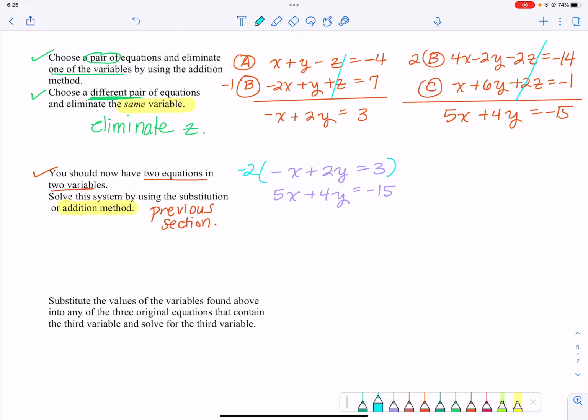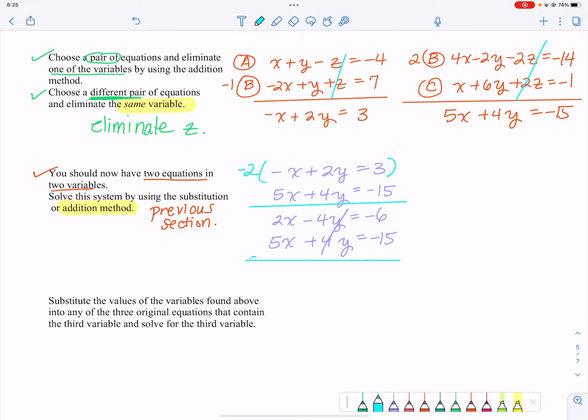So we have 2x minus 4y equals negative 6, and we still have the second equation, and as you can see, we eliminated y.